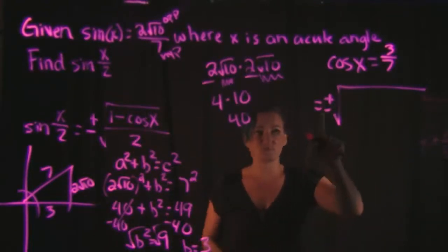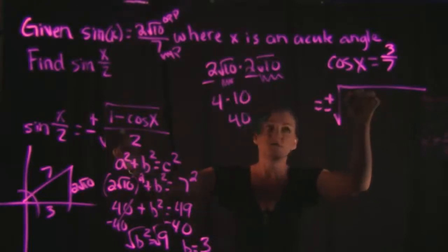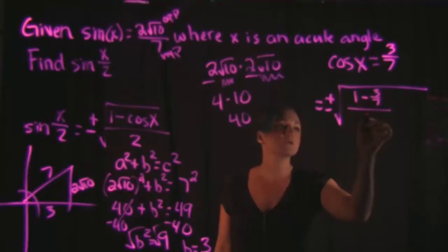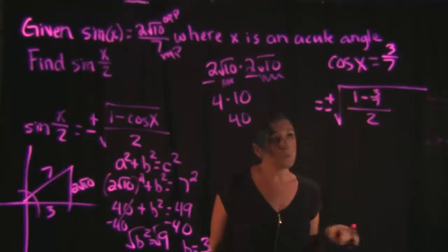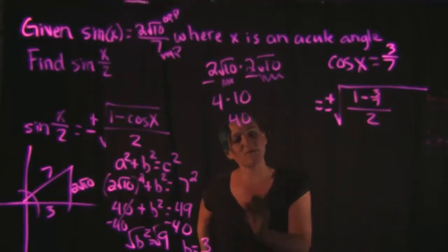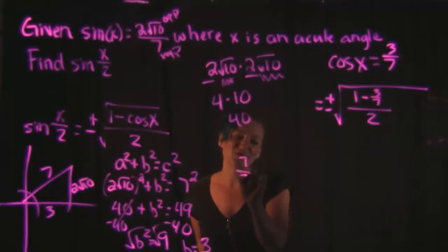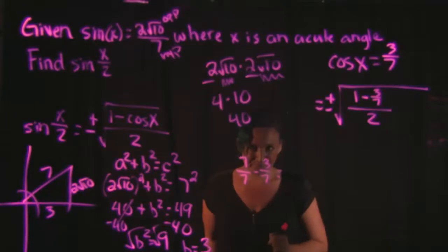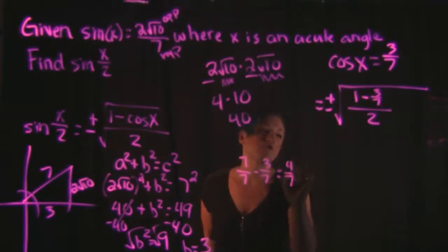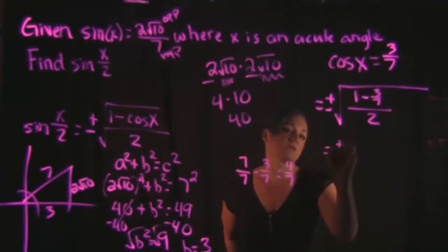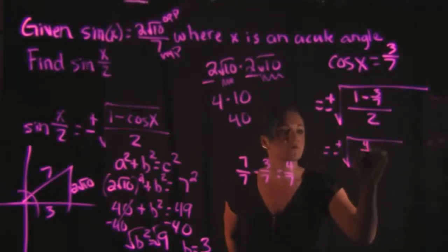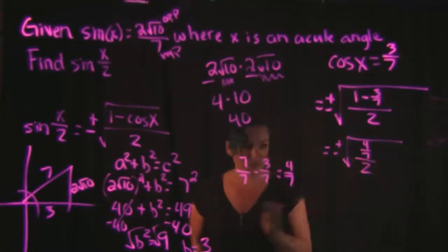So our formula says plus or minus the square root of, in the numerator, 1 minus cosine x, which is 3/7, over 2. In the numerator, to do the 1 minus 3/7, I'm going to write 1 as 7 over 7, and we are subtracting 3 over 7 from it. So that's going to give us 4/7. So I'm going to plug that in back over here. So our numerator, 1 minus 3/7, is 4/7, and we're going to divide that by 2.